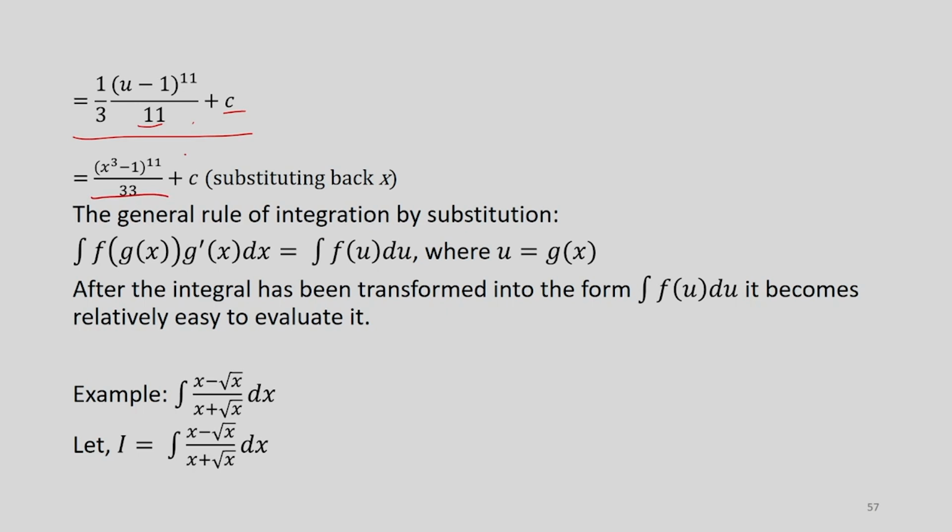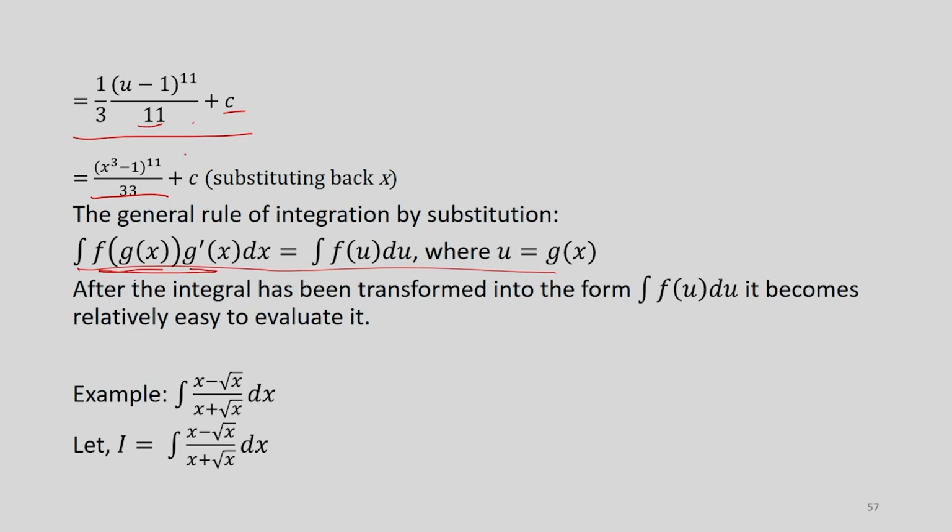So, these are the two exercises, but what is the general rule of integration by substitution? Suppose you have to integrate this kind of a function f, which itself is a function of g(x), multiplied by g prime x dx. So, this is a composite function, and there is another term here which is g prime x after this.